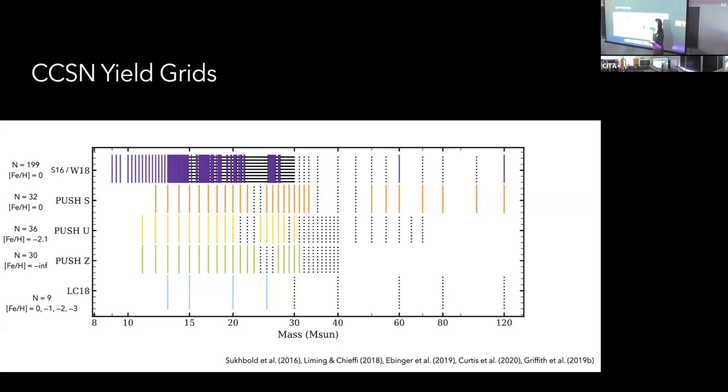These Pushy yields are another set that does neutrino-driven informed explosions rather than thermal bombing them. The Limongi-Chieffi set assumes low mass explode, high mass collapse to black holes. There's one set at solar metallicity that does a comparison of single stars and binary stars. They have explosions for them that have been thermal bombed, so you have to make assumptions about what's actually exploding or collapsing to a black hole.